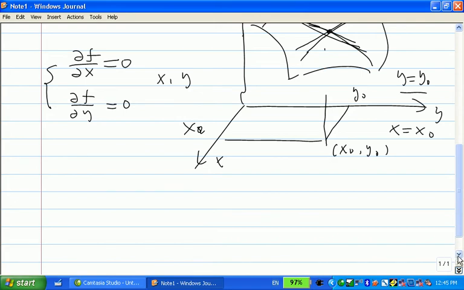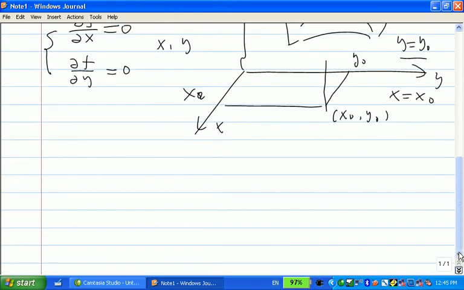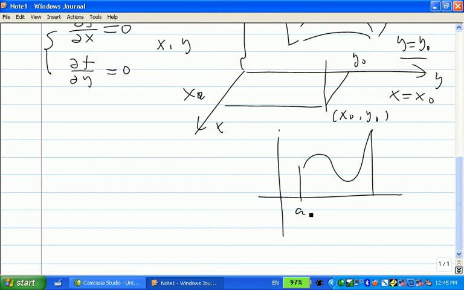Okay, remember, for the one-dimensional case, this is x1, x2. We know at x1 you get a 0 slope.